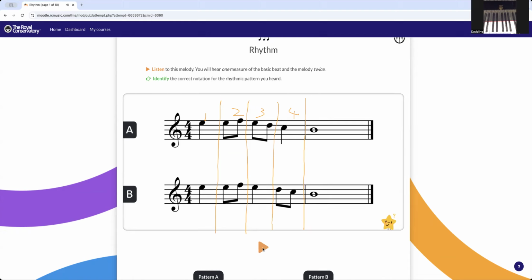According to this one, this one is a long note, and then a long note in here, and this one we have two notes in here. And this one is another long note, and then two short notes. Let's listen to this one again to see if it's B.